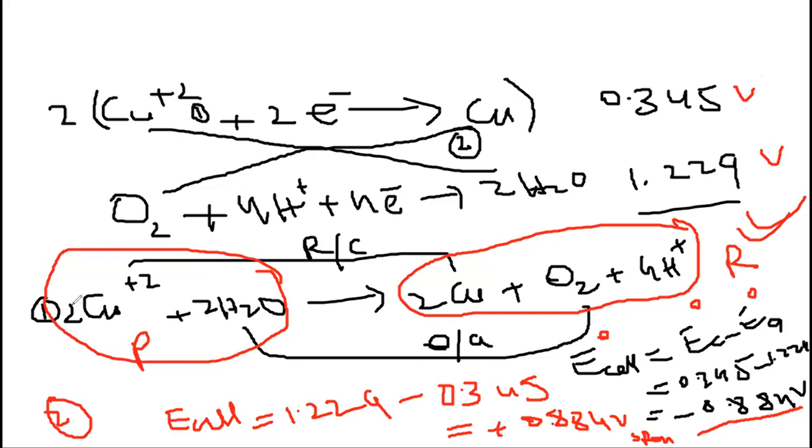Actually, we are talking about this because this is the non-spontaneous. So if you want to reduce the copper in the presence of the water, then you have to provide 0.884 volt of energy, and that is the standard cell potential as calculated from this simple formula.